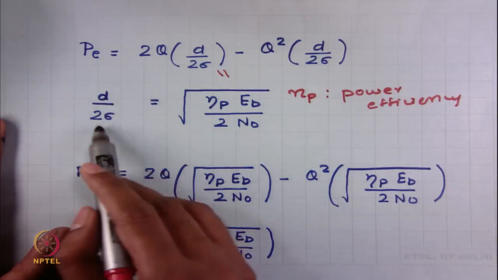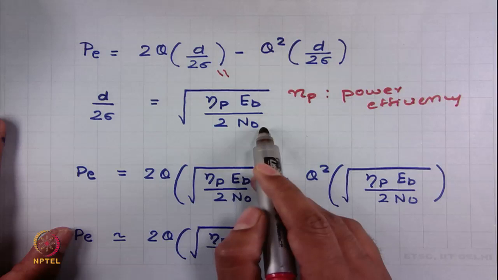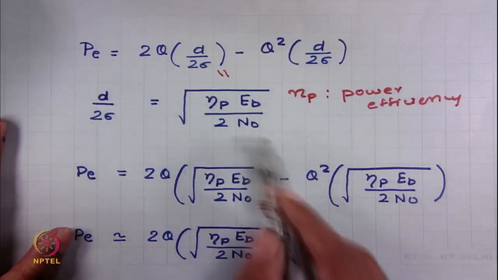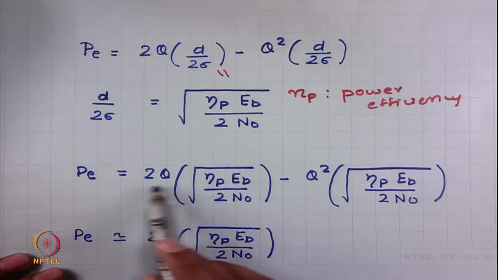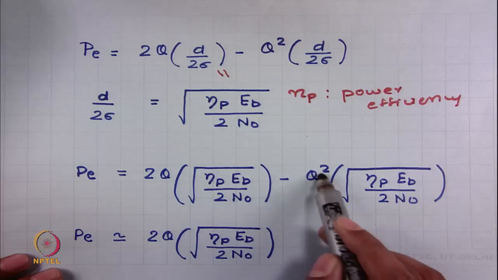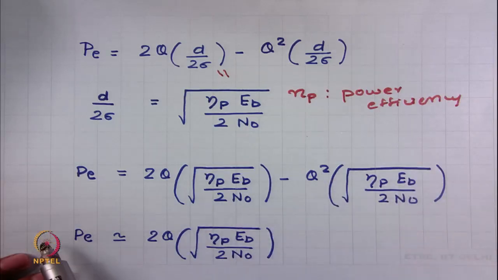So, d by 2 sigma is the square root of power efficiency multiplied by Eb by N0 by 2. If I write this in terms of Eb by N0, it is simply 2 Q function of root of eta p Eb by N0 by 2 minus Q square of root of eta p Eb by N0 by 2.